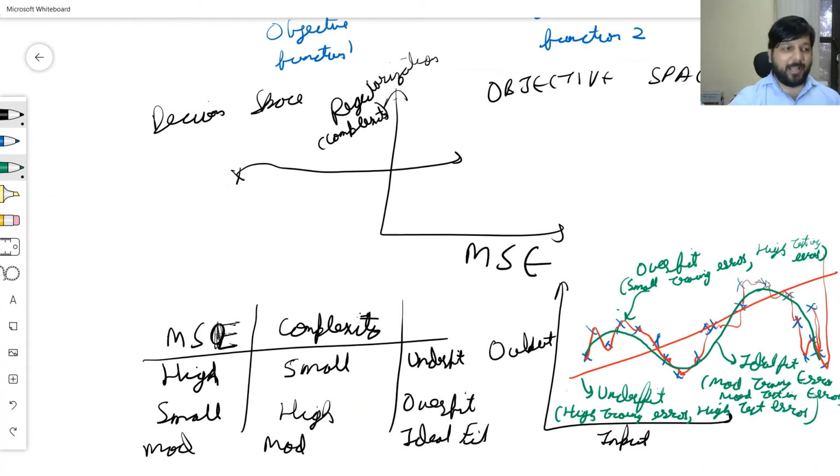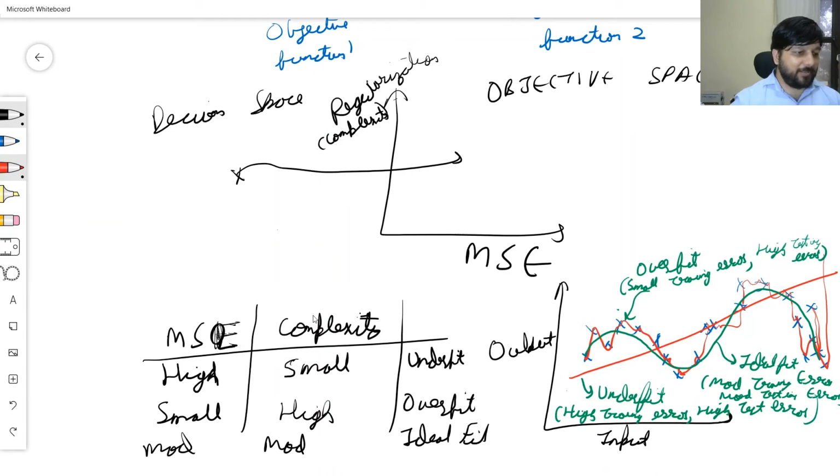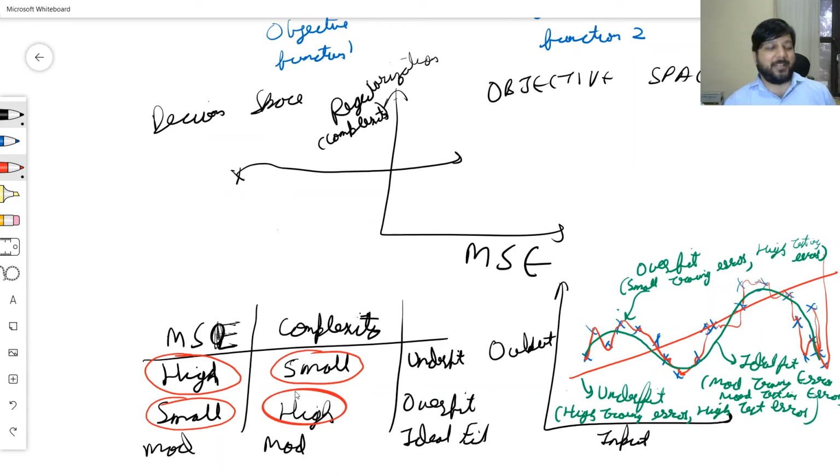So let's look at the trade-off which exists in this curve. When the mean square error is high, which is bad, the complexity is small, which is good, and when the mean square error is small, which is good, the complexity is high, which is bad. So mean square error is the opposite of complexity.